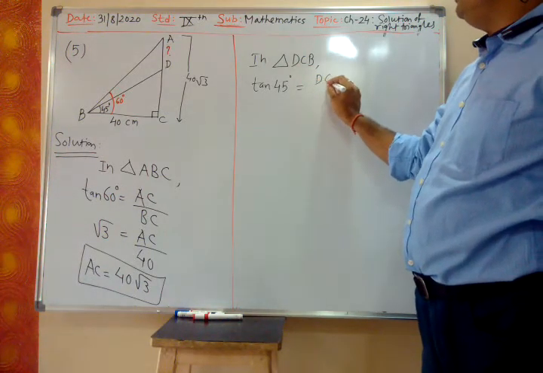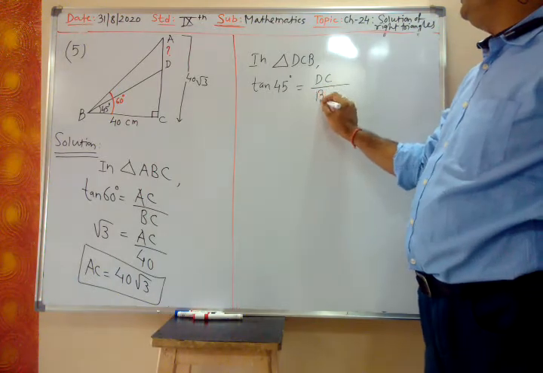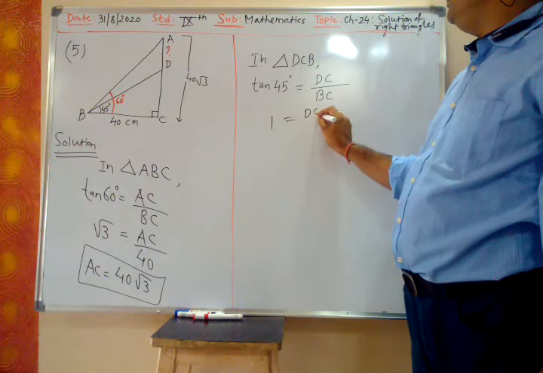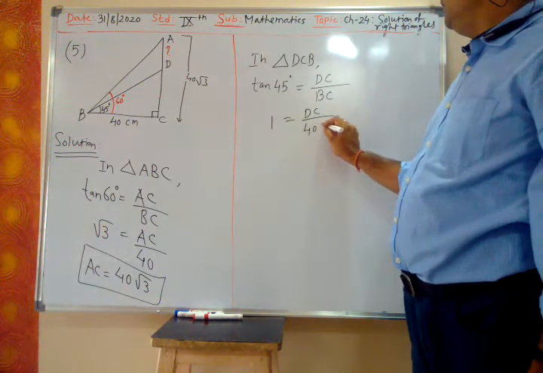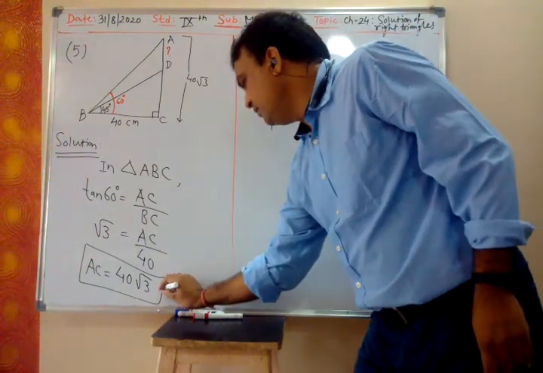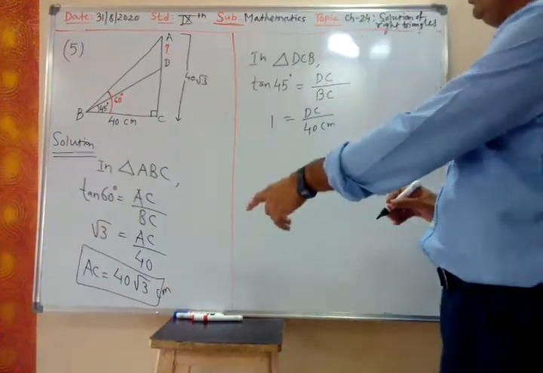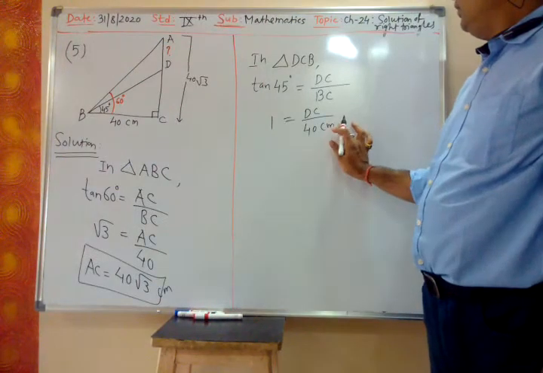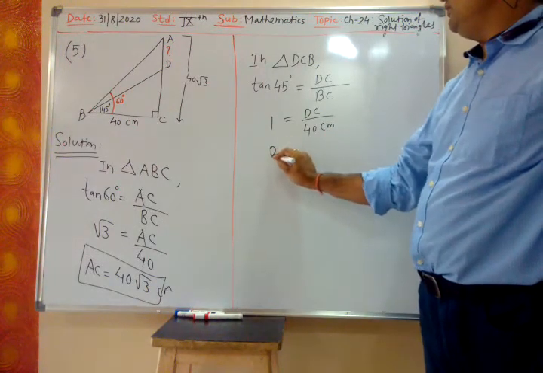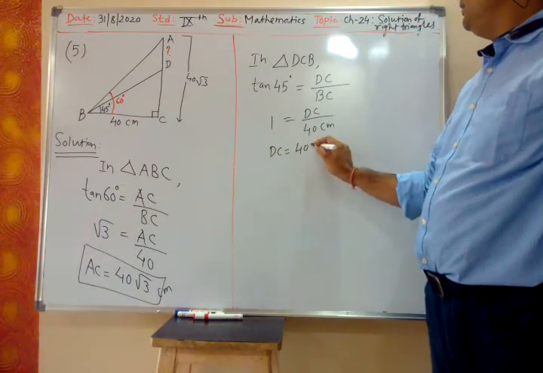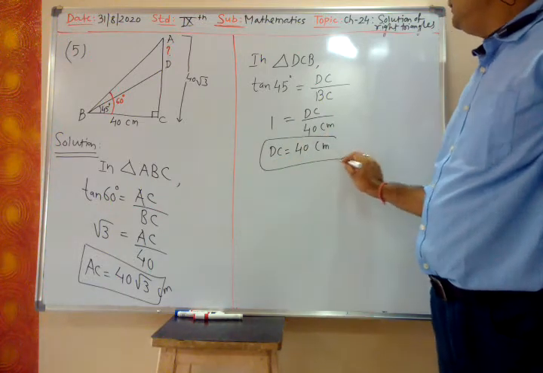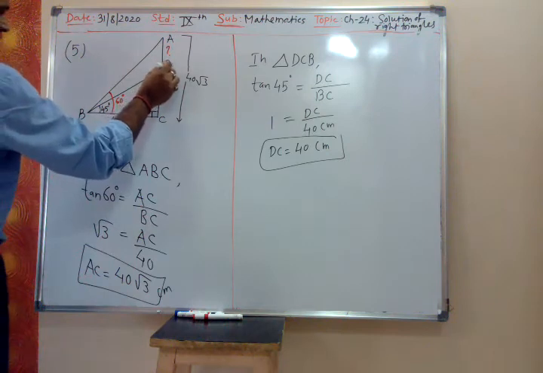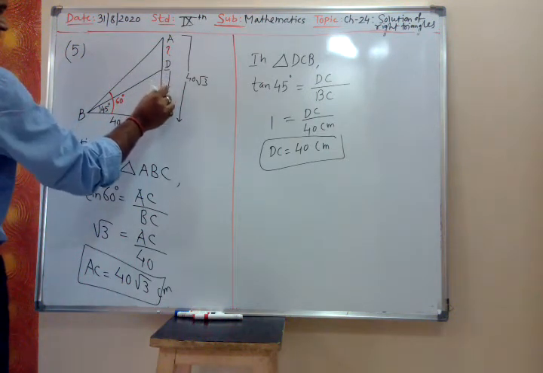That is opposite upon adjacent, DC upon BC. Tan 45 is 1, so BC upon BC. BC is given 40 centimeter. You write the unit as centimeter. So DC is equal to 40 centimeter. This much length is 40 centimeter.